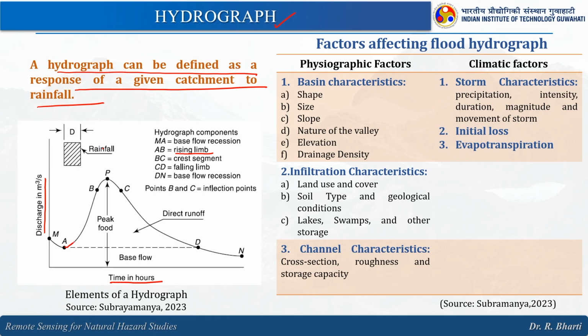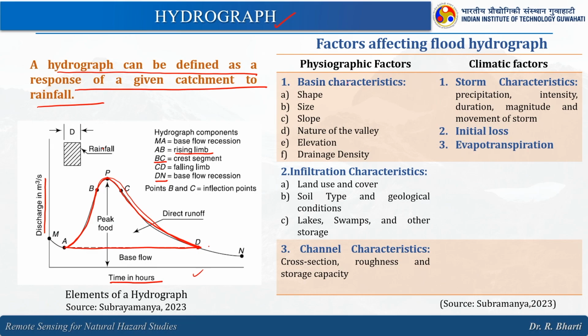A to B, that is your rising limb, then B to C is the crest, right. Then you have C to D, that is the falling limb, and then D onwards is the base flow recession, right. This is the line which is connecting these two, A and D. So, depending upon the shape of this hydrograph, you will be able to comment on what is the status of your catchment with respect to a given rainfall, right.